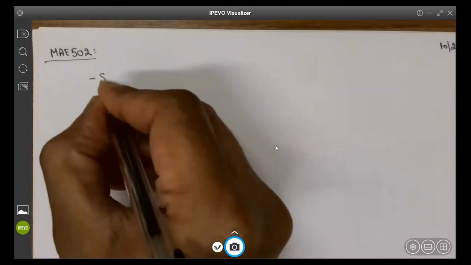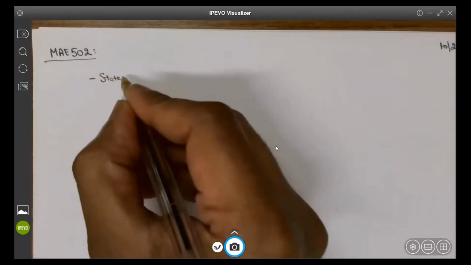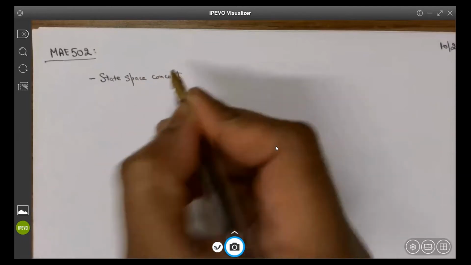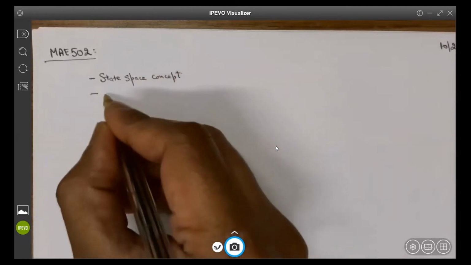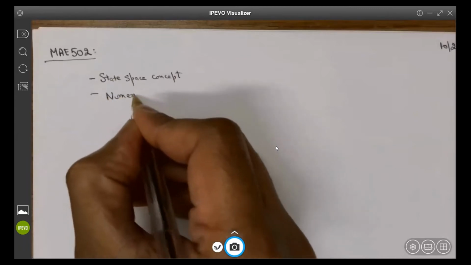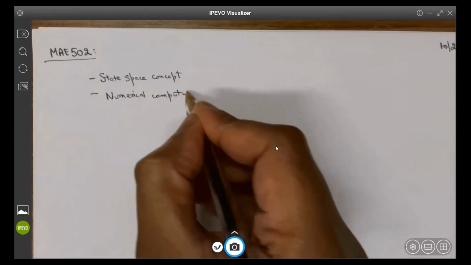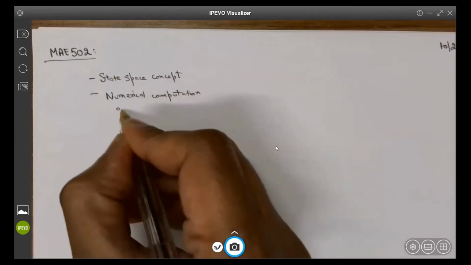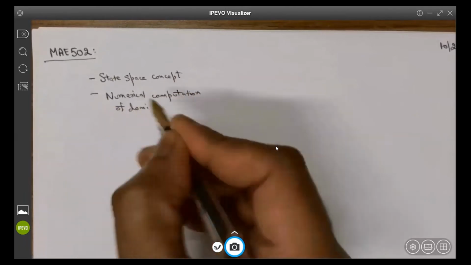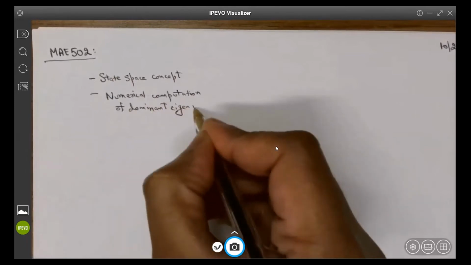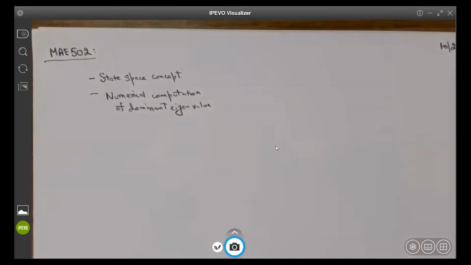So today we will be seeing some more discussion on the state space concept and the numerical computation of the dominant eigenvalue. We'll try to cover these two topics today.